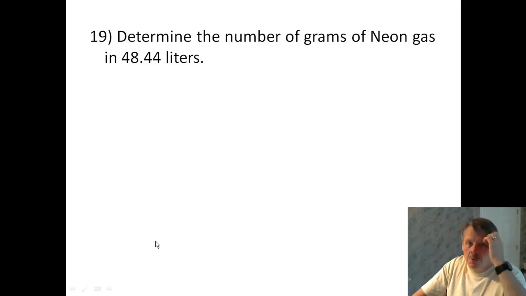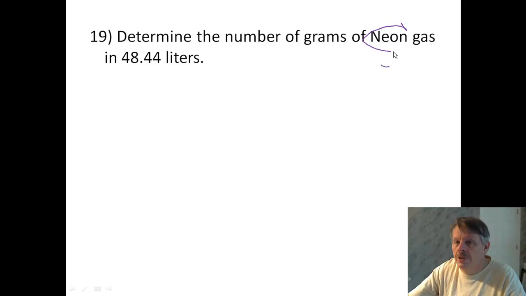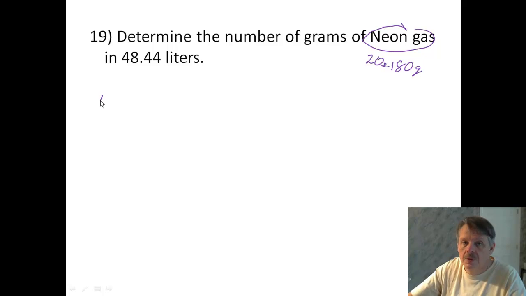All right, number 19. Grams of neon, liters, we have to figure out grams of neon. All we have to do for this is look on the periodic table to see what neon is, right? And neon weighs 20.180 grams. All right, so we start out with 48.44 liters. Now we have to convert from liters, and we always convert from liters into moles.